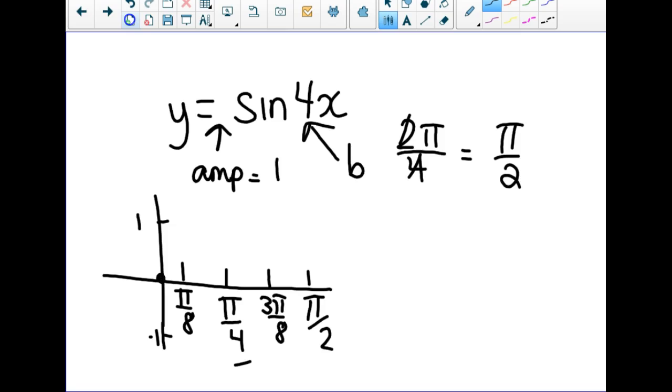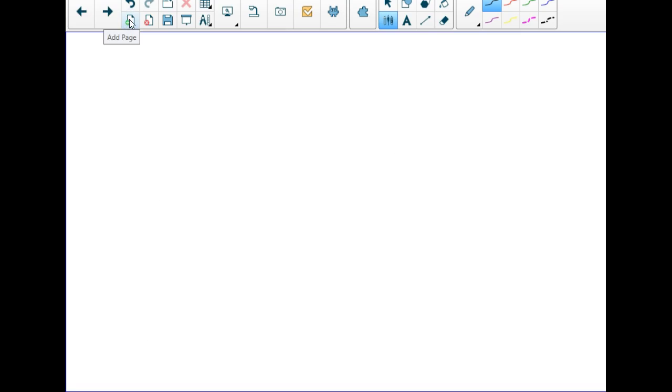So we start at 0, 0, and we go up, back, under, and back. Okay, so you go up, back, under, and back. Okay, let's try one of these, but using cos.